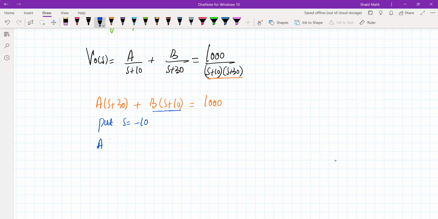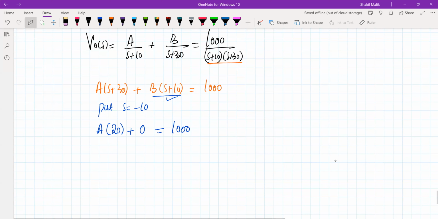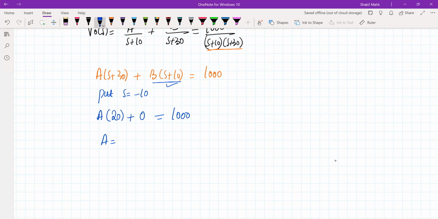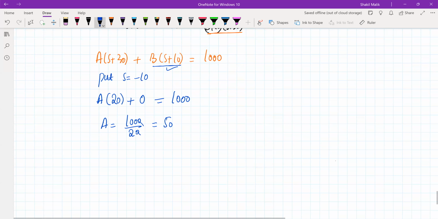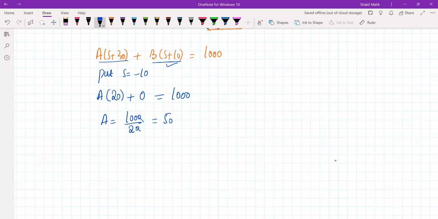So it will be a into 20 plus 0 is equal to 1000, because this term is 0. So that means a is simply 1000 divided by 20. Please check the calculations one more time. So it is 50.